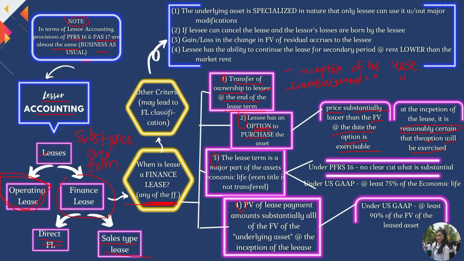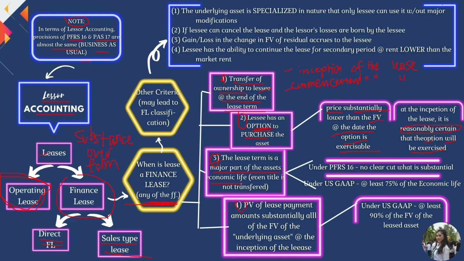Si number 2 pod, reasonably certain nga i-exercise niya ang purchase option. So, paliton dyan niya. So, still na i-transfer of ownership. But here, although there is no transfer of title or passing of title, by the mere fact nga major part of the asset's economic life.